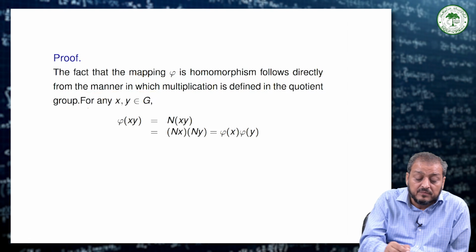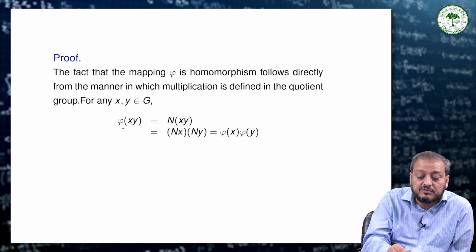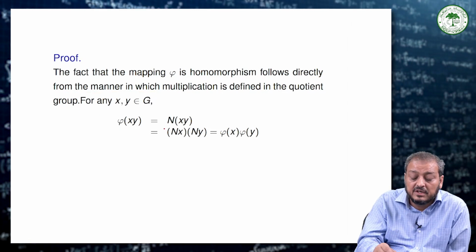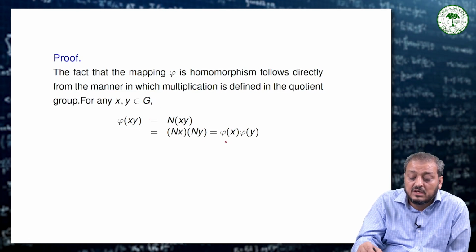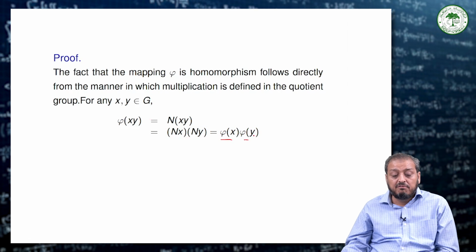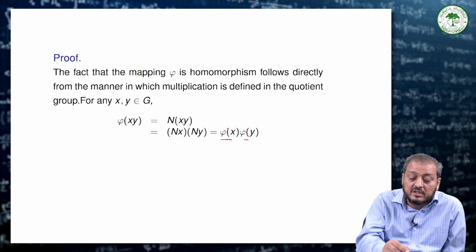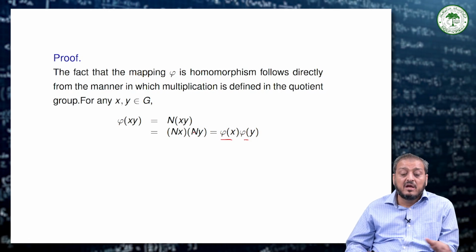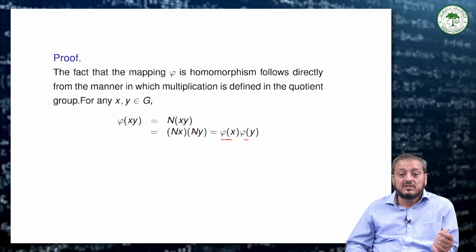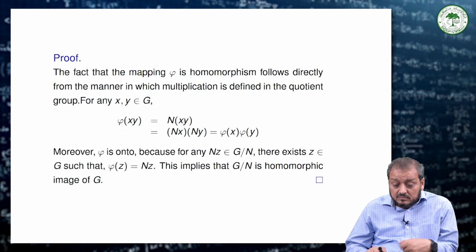For any x, y, φ(xy) can be written as Nxy = NxNy, and then NxNy = φ(x)φ(y). So, clearly we can trivially say that this is a homomorphism.